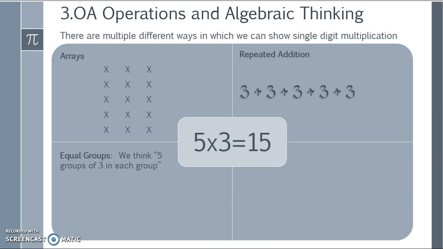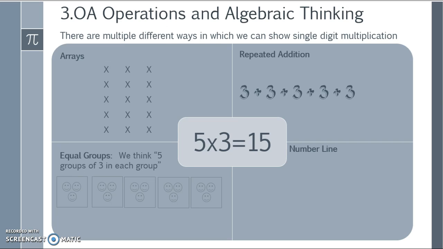We think of this as 5 groups of 3 in each group. So I've got 5 groups of 3 smiley faces, so we could then count that there are 3, 6, 9, 12, 15 smiley faces. Similarly, you could also do 3 groups of 5 smiley faces.